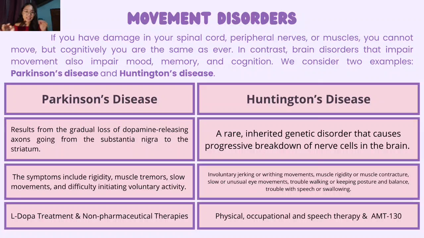So, it's because it's connected to each other, di ba? So, but cognitively, you are the same as ever. So, brain disorders that impair your movement also impair your mood, memory, and cognition.